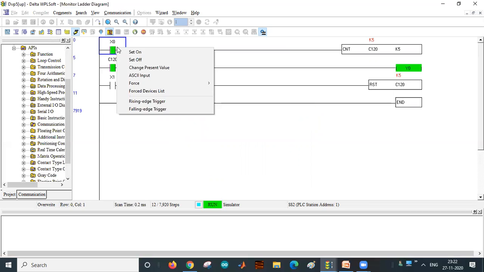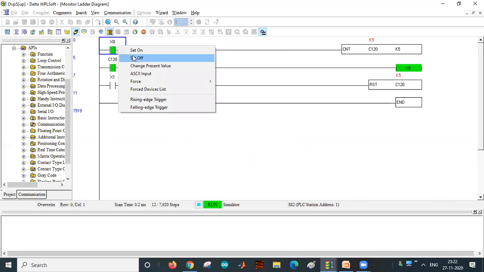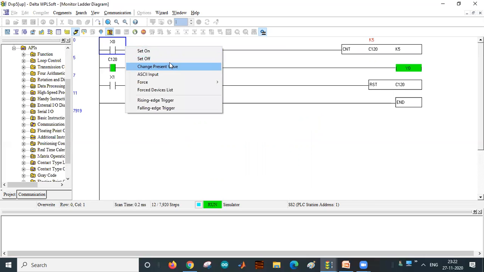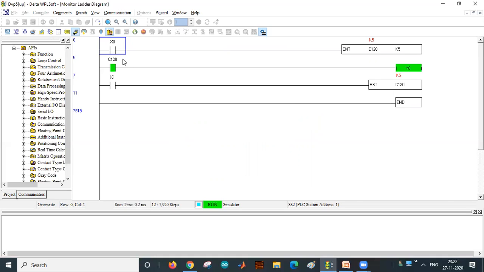See here, when your photo sensor detects the products, then the counter value will go on increasing. As the counter is retaining its previous value 5, until you reset it, it won't start from 0 again. So you have to reset it.